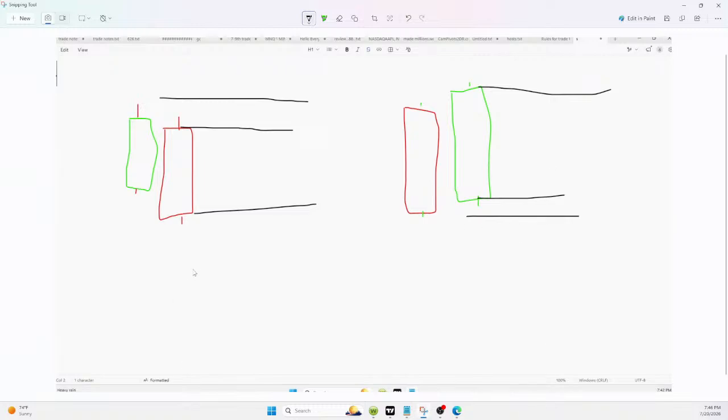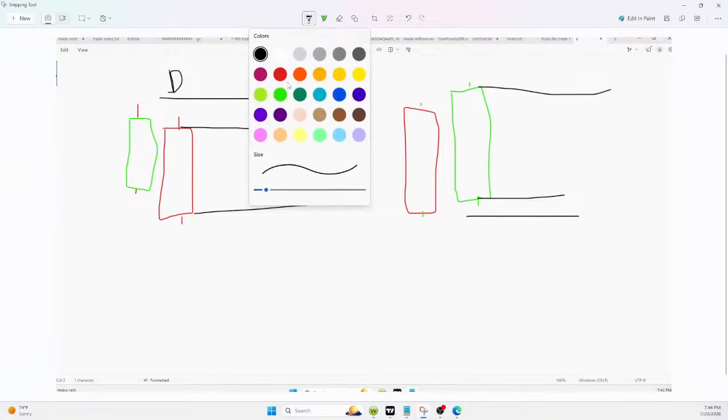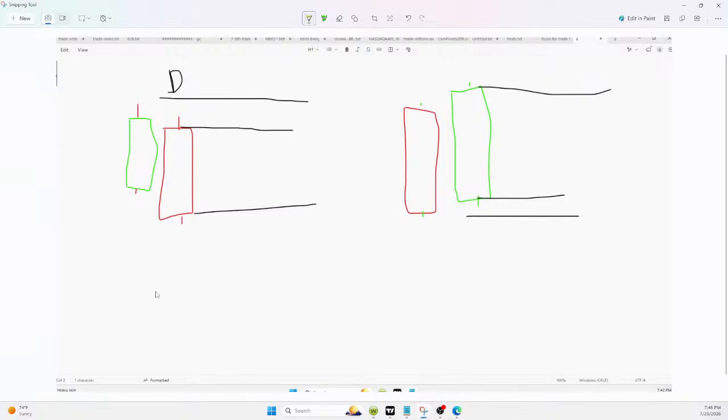Now, one more thing. This is the daily candle. Once you have the daily candle like this, all you have to do is go down to the 4 hour. When you go down to the 4 hour, you will find this candle broken down, in a form like this: one candle, another candle, and a small candle like this.